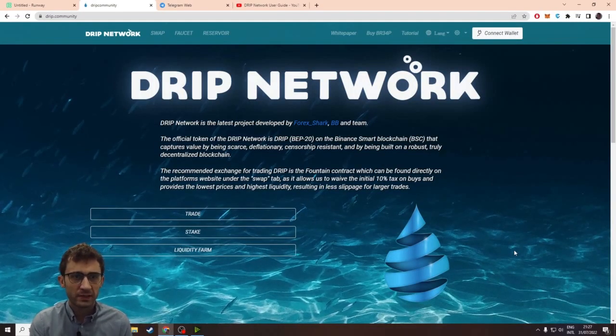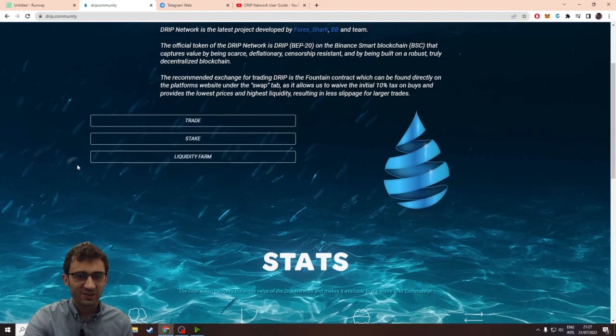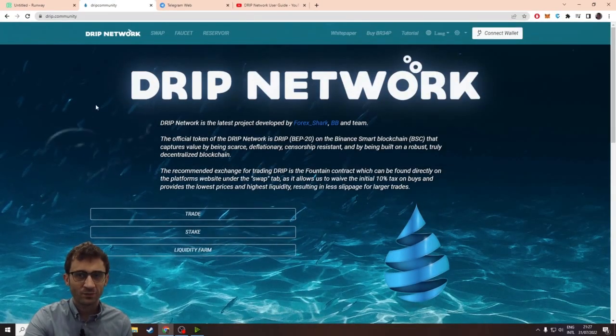Okay, so we're on the website of Drip Network or Drip Community, I don't know which. The first thing I'm seeing is a website which looks like it was designed in the year 2000. This effect is something you would see from Flash, it's not a good UI UX.